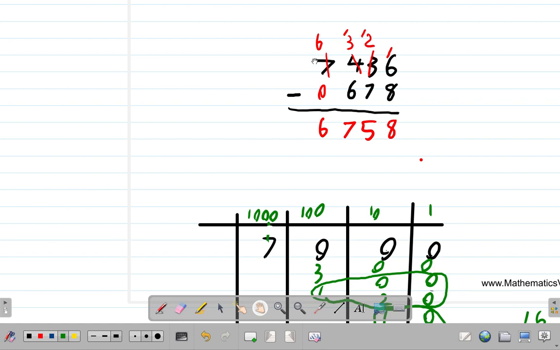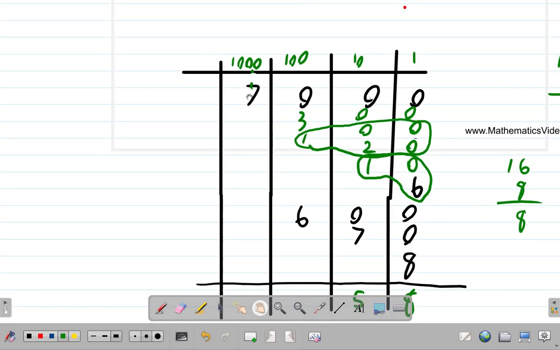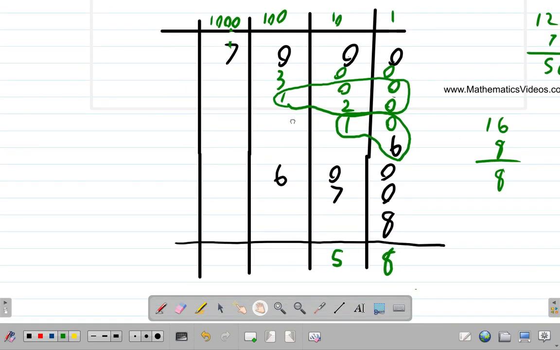You borrow from 7,000 and leave 6,000. Right? What you really do is split this 7,000 into 2 parts. You make it 6,000 and 1,000. You see?